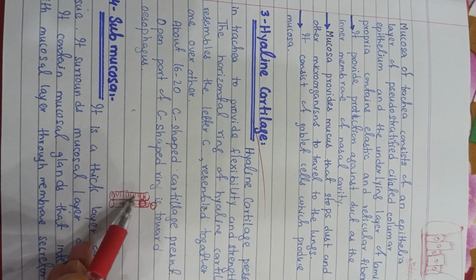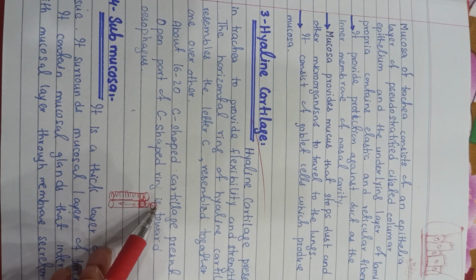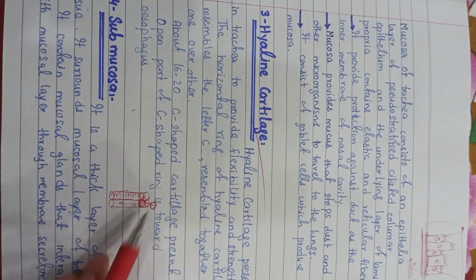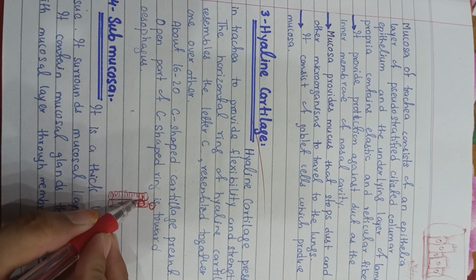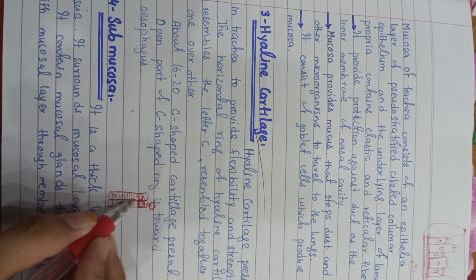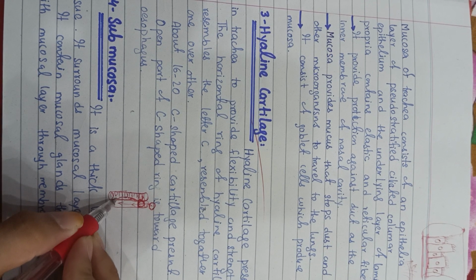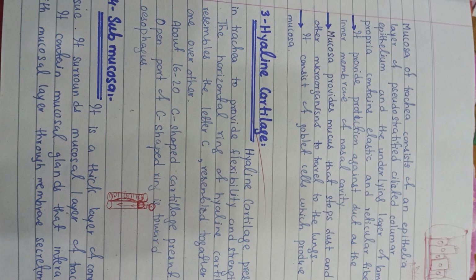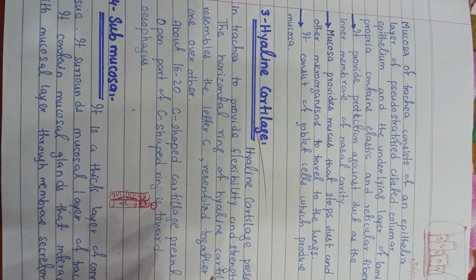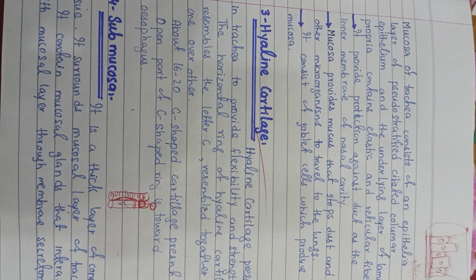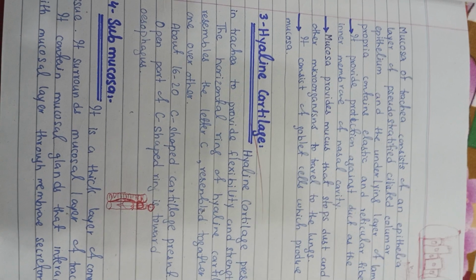Therefore it is a half ring, so that if you eat a large piece of food, the membrane of the esophagus is going to bend here. It has the capacity or elasticity to move there, so that the big piece of food can easily pass through. So this was the concept of it.